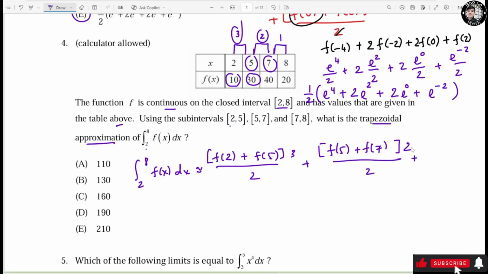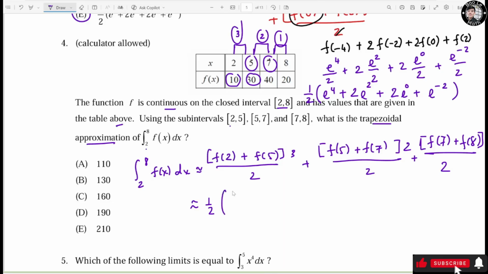And the last one, f of 7 plus f of 8 times the height, which is 1, so I don't need to write it, divided by 2. Now I'm going to factor 1/2 out.